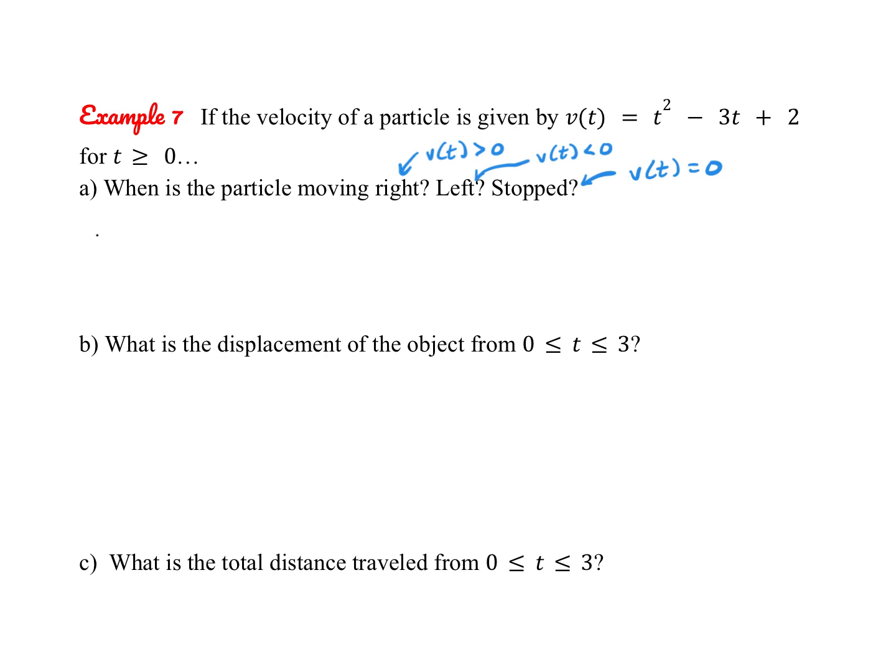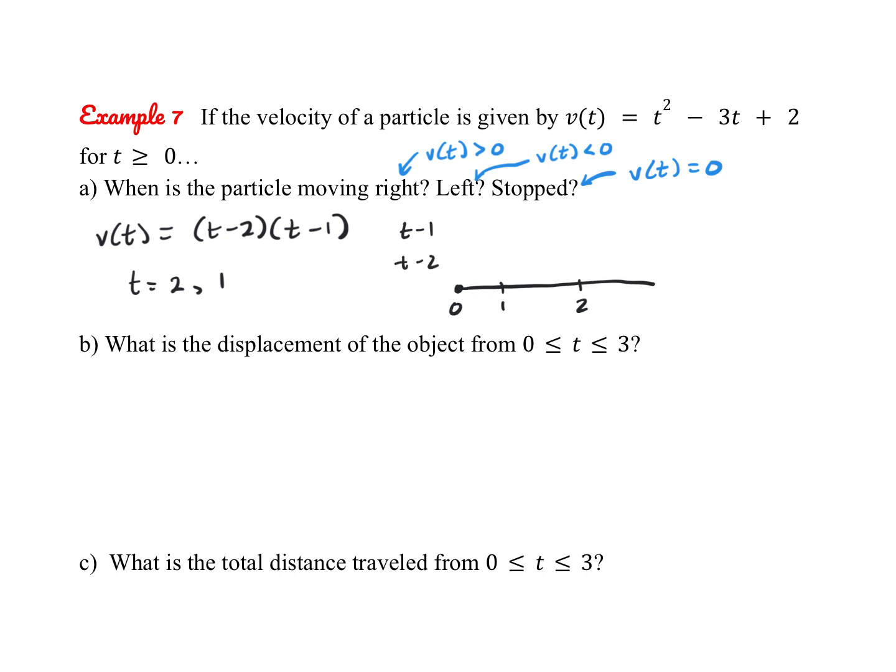So we can solve that by doing a quick factor. We could do t minus 2 times t minus 1. So our critical points would be when t is 1 and 2. Next we do a little sign analysis. Here's our left endpoint, and then we have 1 and 2, and we can evaluate where our factors are positive and negative.